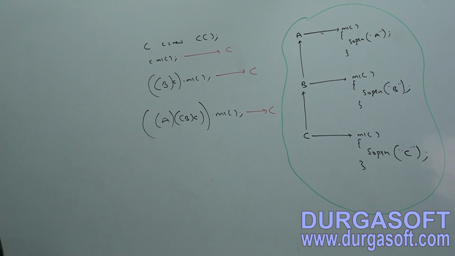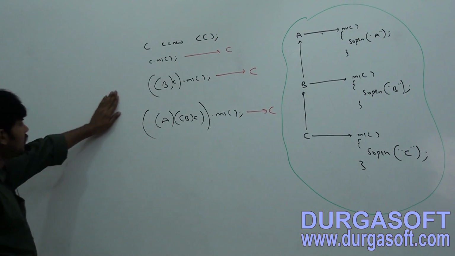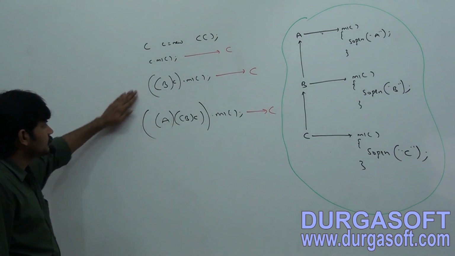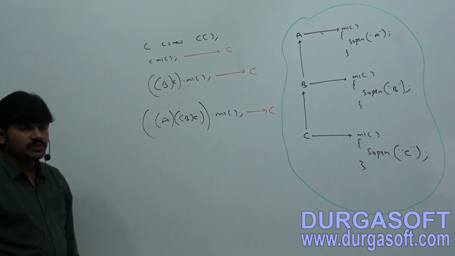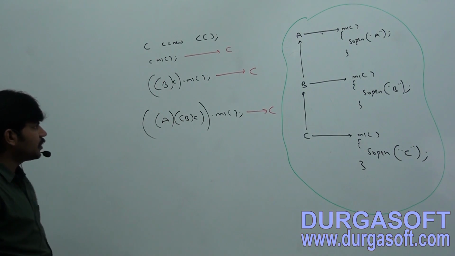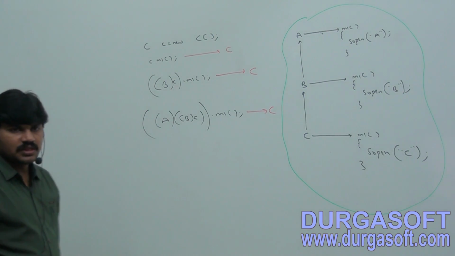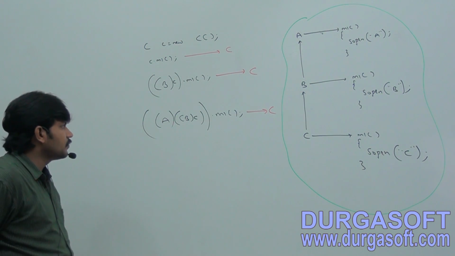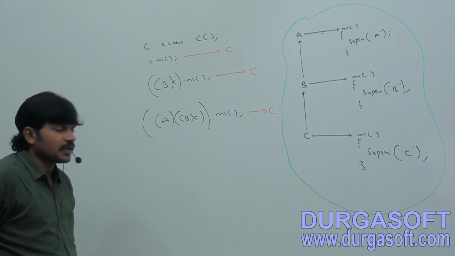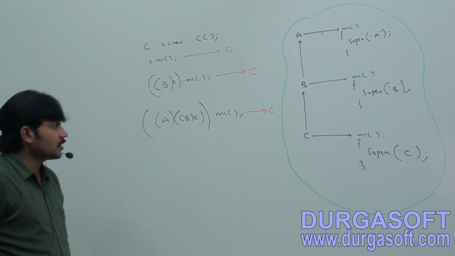C c = new C(); c.m1(). Then we typecast c to B type and call m1. Then that B type we typecast to A and call m1.